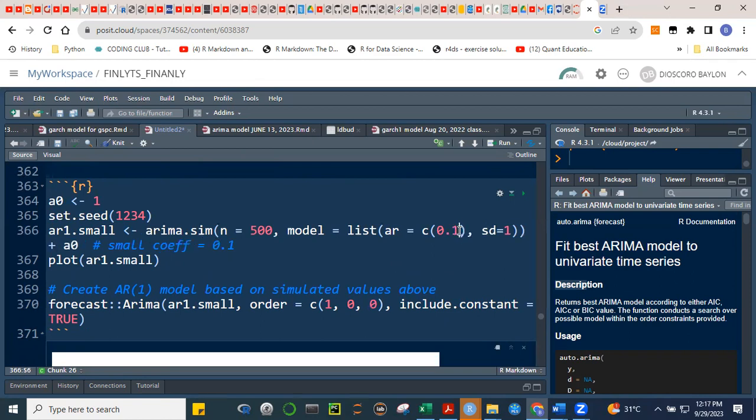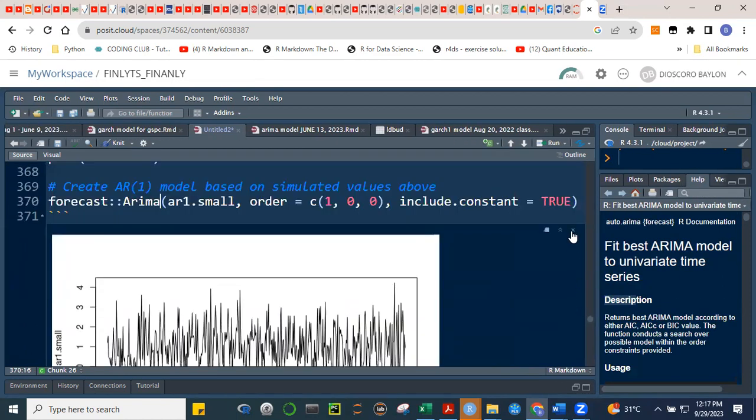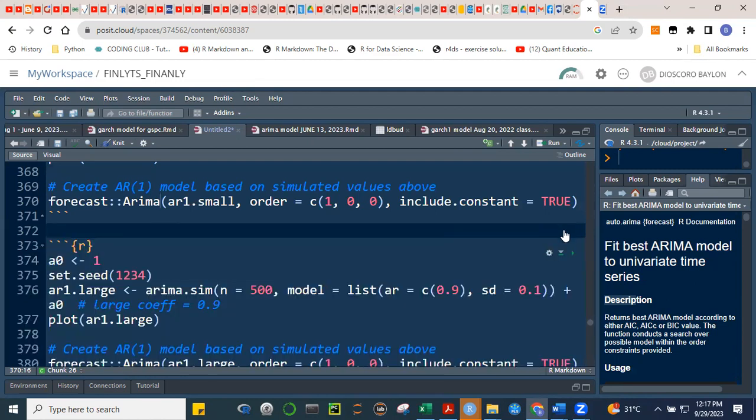Okay. Now, if I replace this by, let's say, AR is equal to 1, well, later. Let's run this first. And then, class, earlier we used auto.arima, right? We can do that. Here, I'm using another function, and this function is called arima. This function will allow us to determine the model. The model of AR1.small.